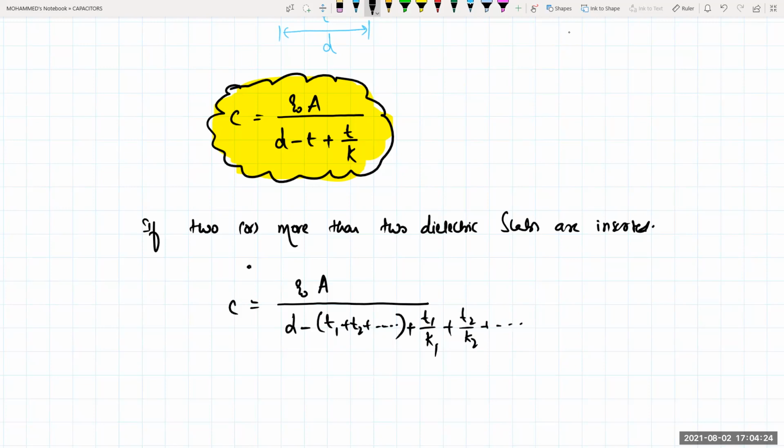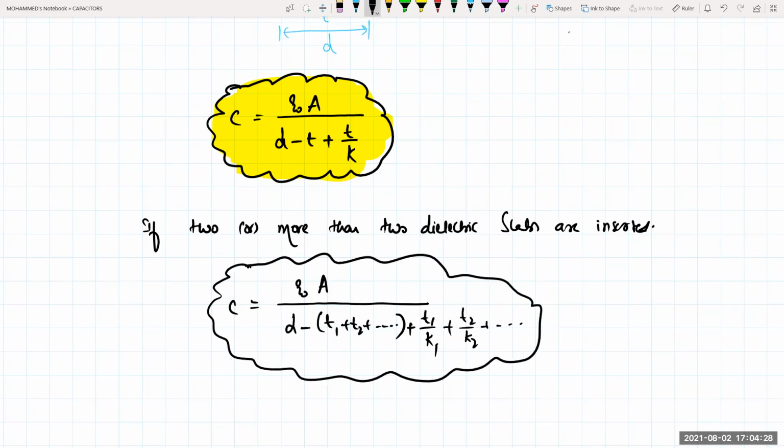This will give you the effective capacitance for more than 2 dielectrics when they are being kept.